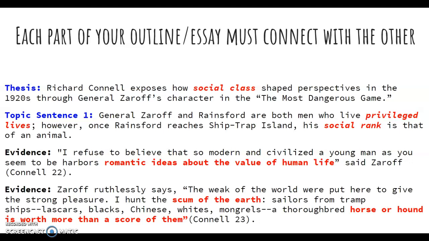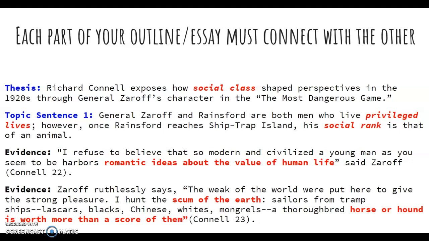"I refuse to believe that so modern and civilized a young man as you seem to be harbors romantic ideas about the value of human life," said Zaroff. Okay, so here Zaroff is telling Rainsford that his ideas about the value of human life are romantic. Like he's romanticizing the value of human life.